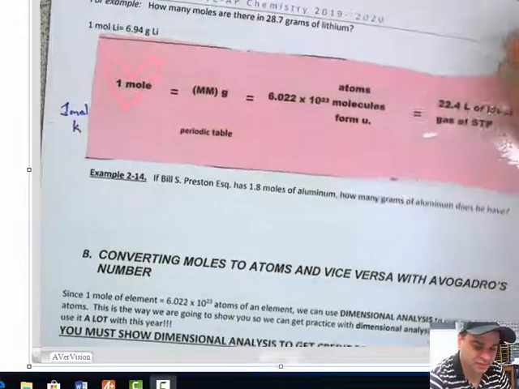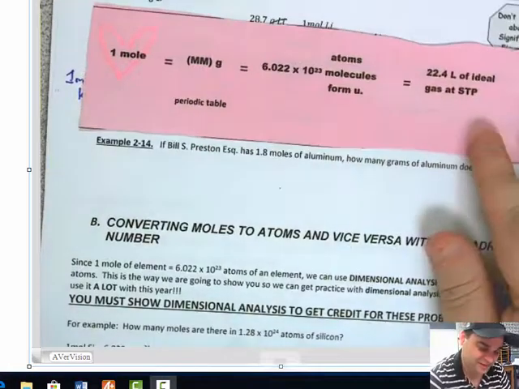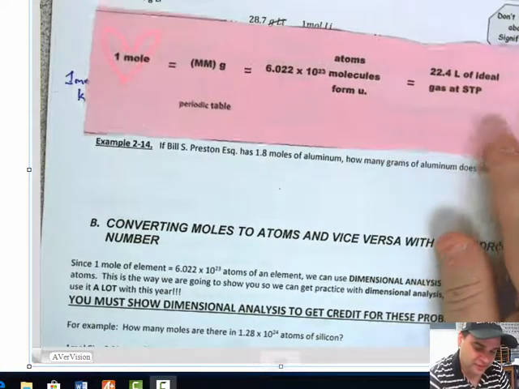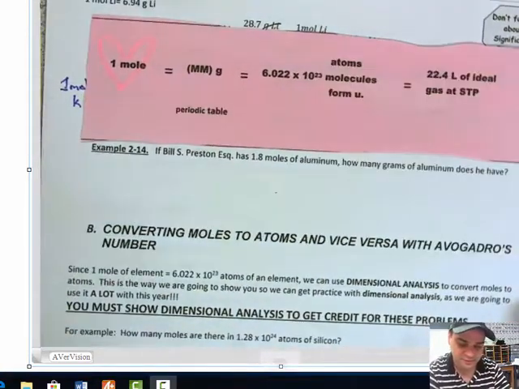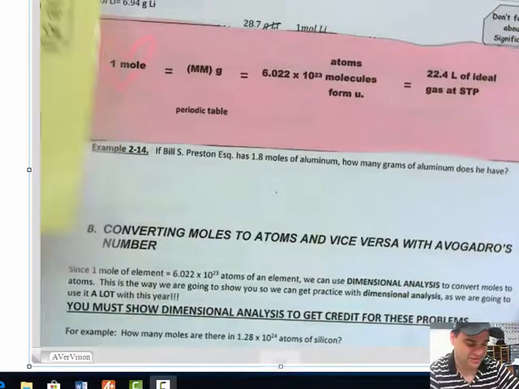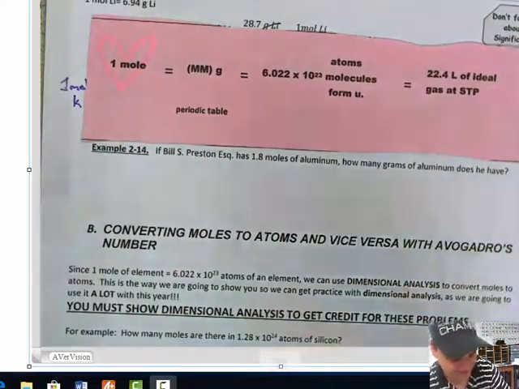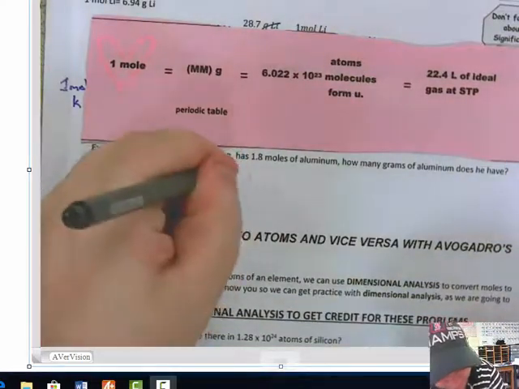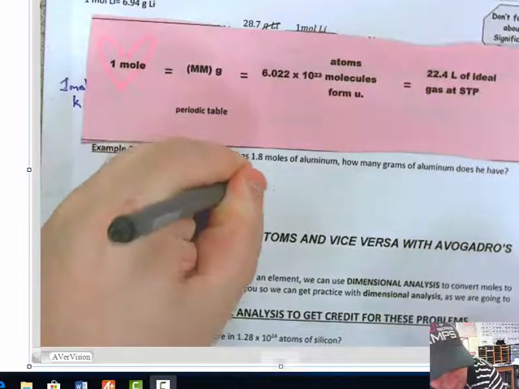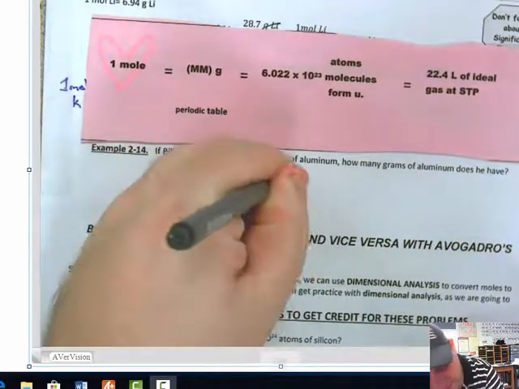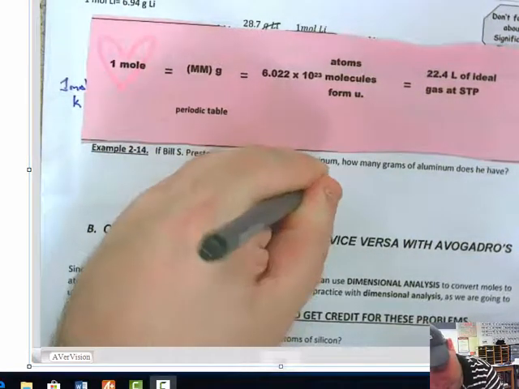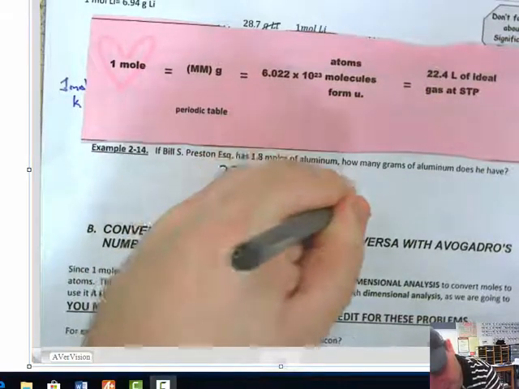If Bill S. Preston Esquire has 1.8 moles of aluminum, how many grams does he have? Okay, so here we are looking for the grams. And we are starting off with 1.8 moles of Al.